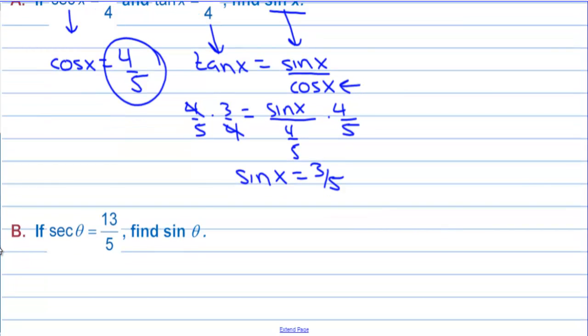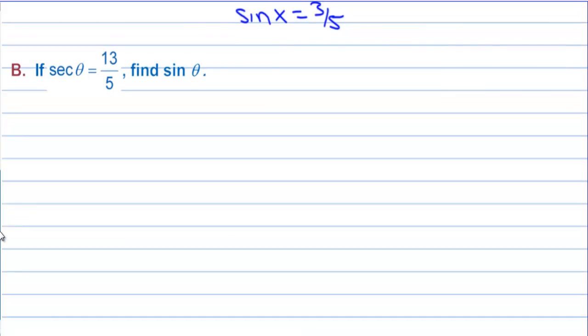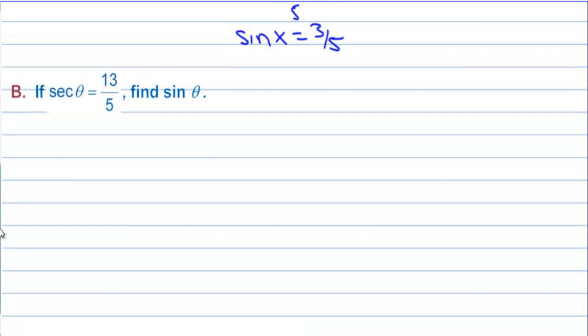With letter B, we have secant of theta is equal to 13/5, and they want us to find sine. Cosine of theta is equal to 5/13, and we don't quite have enough information to just use the properties. We have to use a triangle for this.